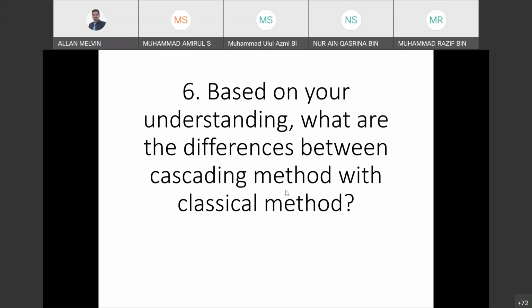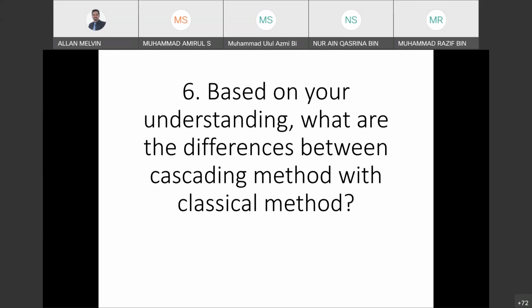Tapi cuba bayangkan you ada 1000 silinder. 1000 silinder yang you kena control using circuit. So at that time, classical method will not be helpful. Sebab kalau you gunakan 1000 silinder, the chances of you getting signal overlap will be very high. So kalau signal overlap, your production line tak boleh jalan.